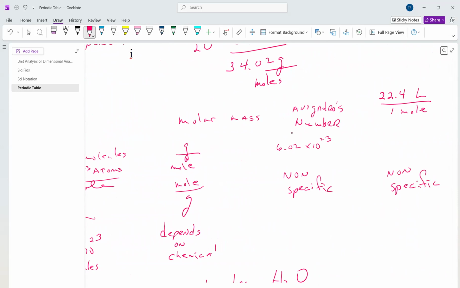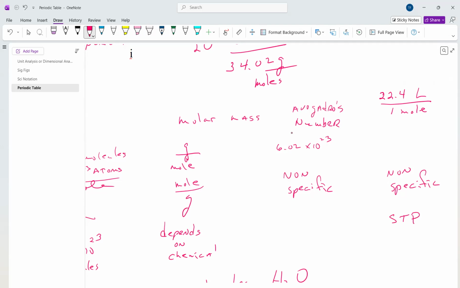Any gas, whether it's uranium hexafluoride, steam, hydrogen gas, or nitrogen gas, is 22.4. However, because gas is compressible and expandable, we have to specify what temperature and pressure we're talking about. So here's the volume, 22.4 liters at standard temperature and pressure. That's the only time it'll be 22.4.